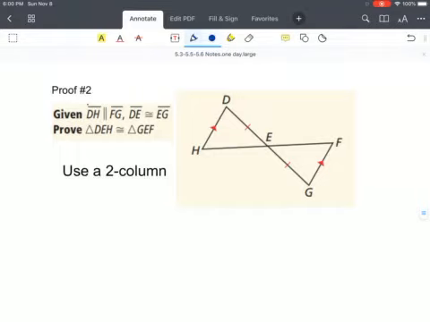Another one here, we're going to do a flow chart instead for this one. I'm sorry, a two column, my mistake.